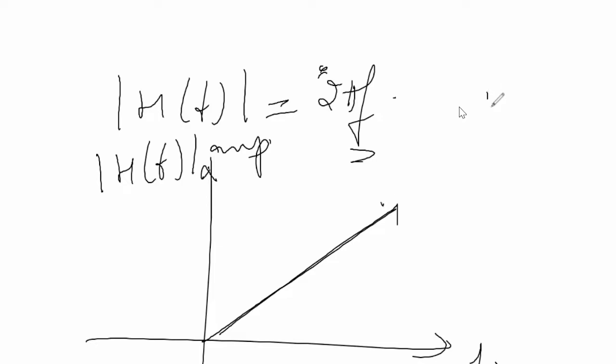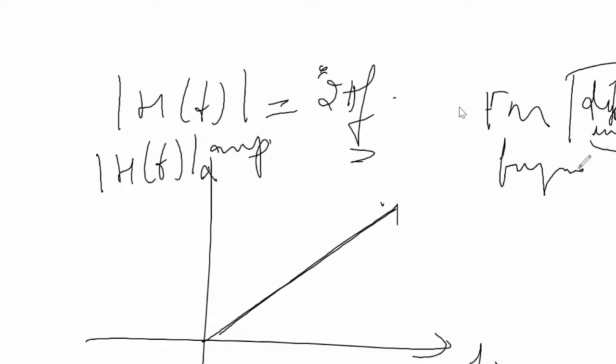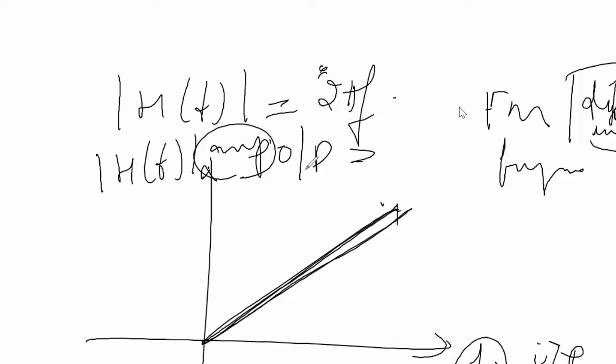So if we apply an FM signal to a differentiator circuit, frequency variations will get converted to corresponding amplitude variations, because there is a linear relationship between frequency and amplitude. Frequency is the input, amplitude is the output.